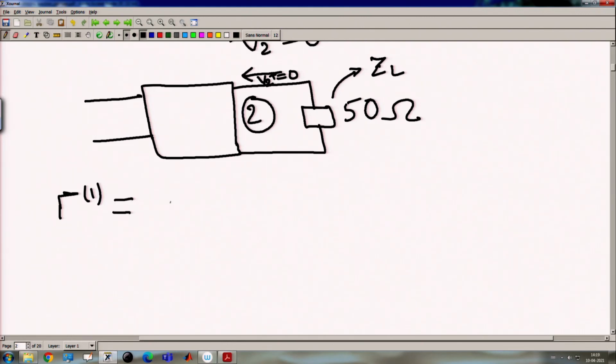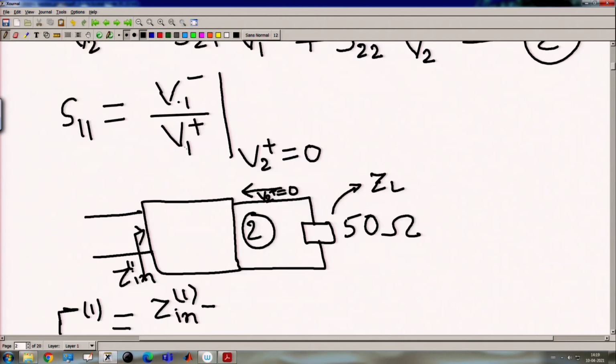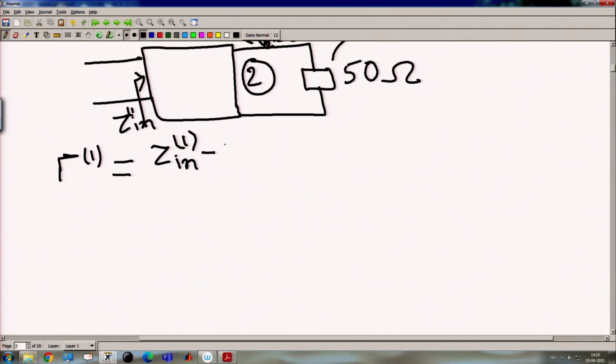So, it can be defined as Z in 1 at port 1, that is, the Z in we see from this port, minus Z naught, divided by Z in 1 plus Z naught. Here we are measuring this S parameter with a vector network analyzer that has an impedance of 50 ohm, so we have to assume that this side is also 50 ohm.